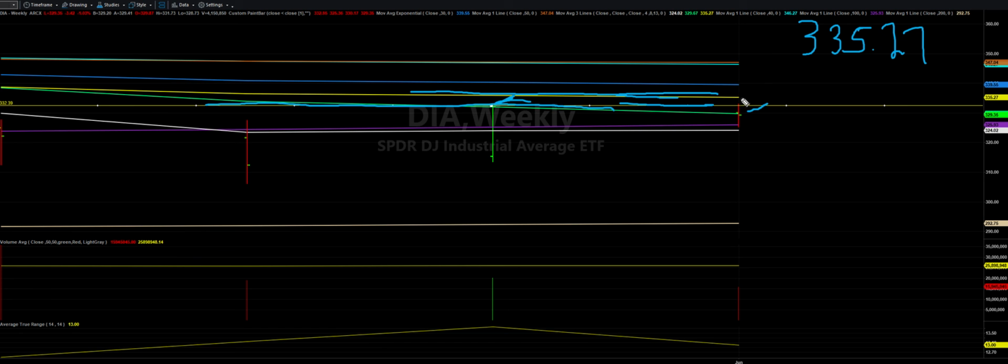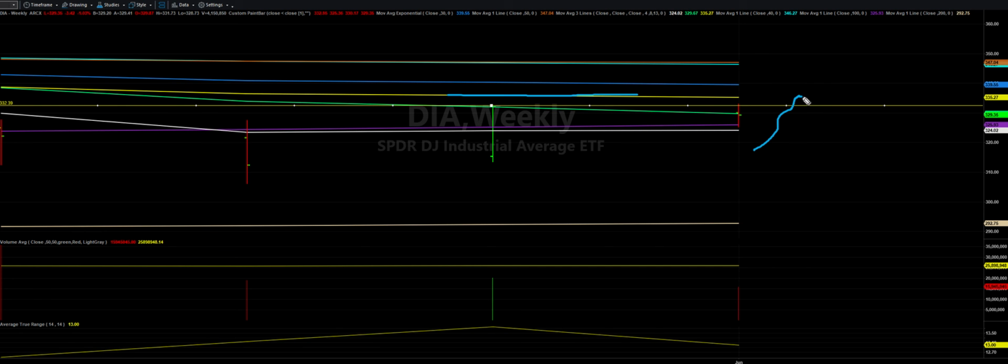If we start getting rejected off of this 13-week moving average, in other words, we trade up to that 13-week moving average, prices start breaking back down and start closing back below our pivot point, that might be a sign that this thing is getting rejected. So we need to keep a very close eye on that.